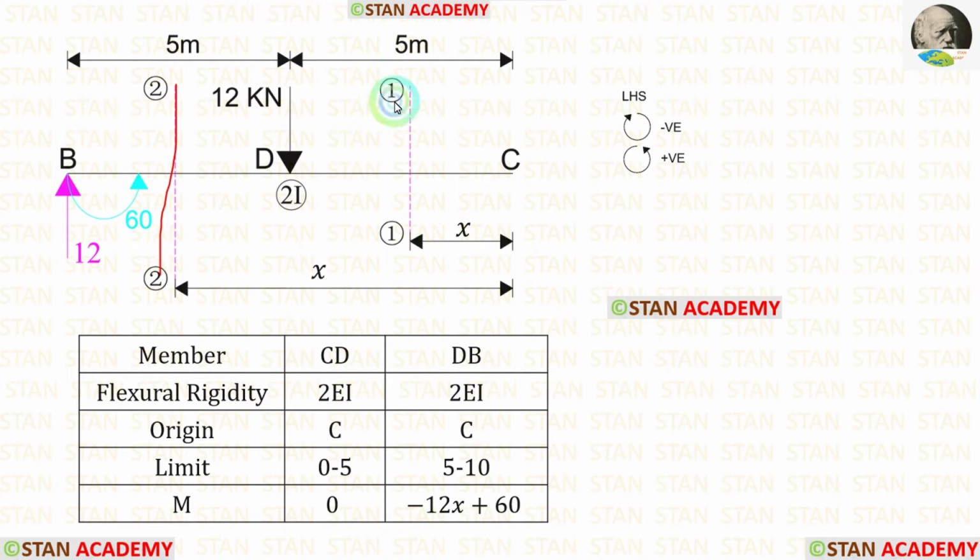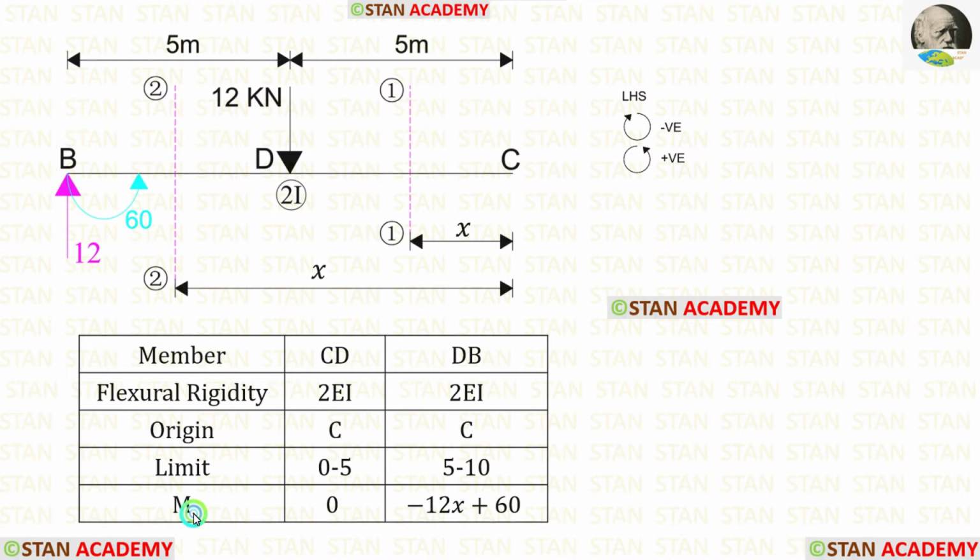Both of these sections are starting from the point C, so the origin of CD and DB should be C. The limit for CD is 0 to 5. The limit for DB is 5 to 10.